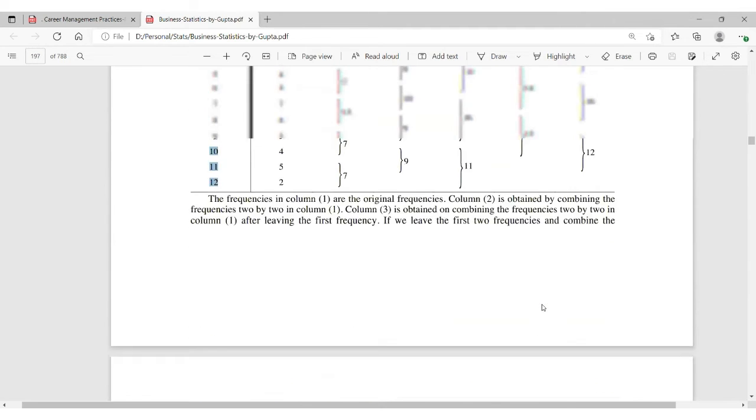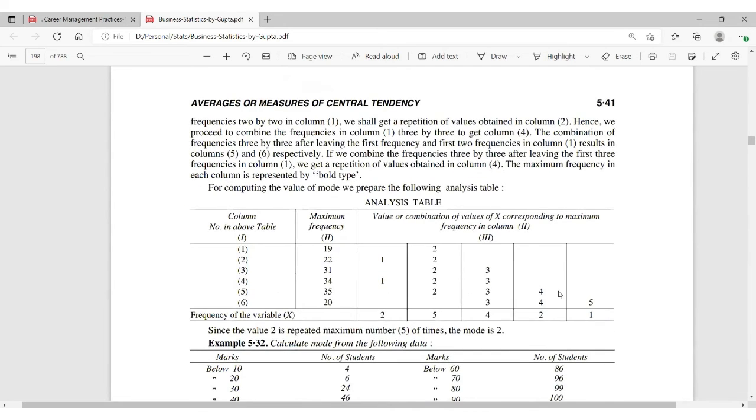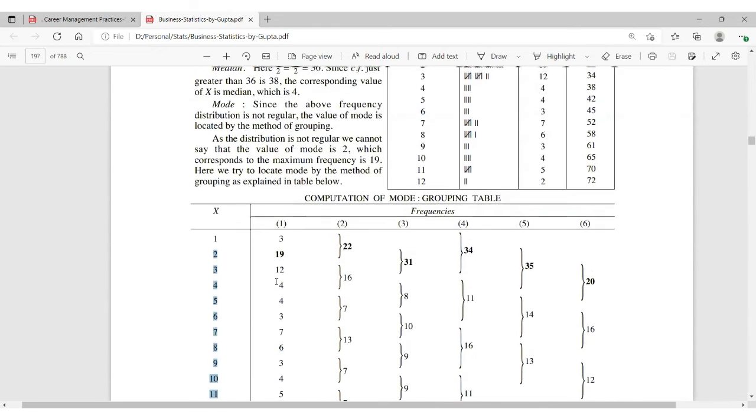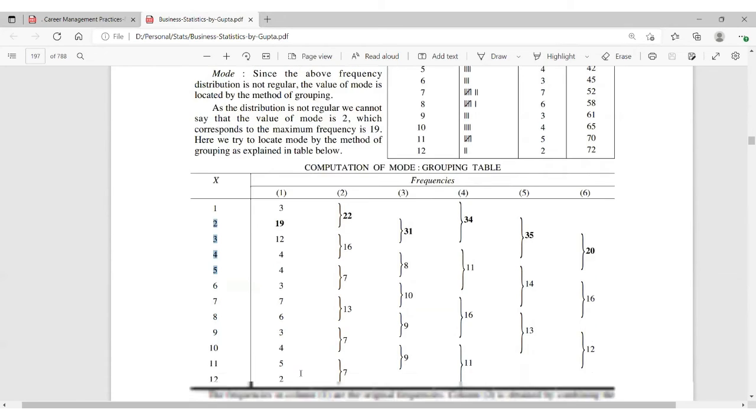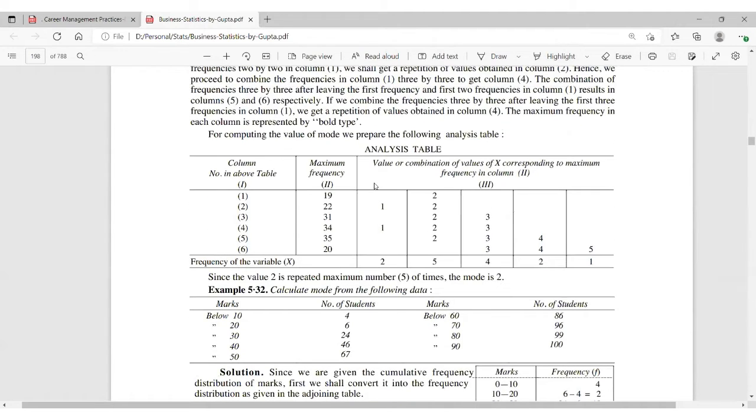Now, they have written only 1, 2, 3, 4, 5, up to 5 numbers only because the maximum frequency lies on these numbers. The dark ones, the 19, 12, all of these lie up to 5, first 5, right? So they have written only the first 5 things in the analysis table. 1, 2, 3, 4, 5, right?